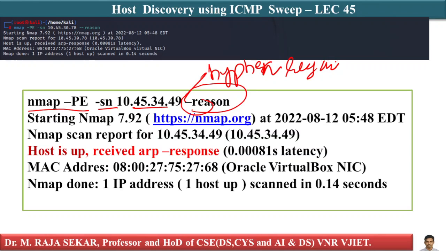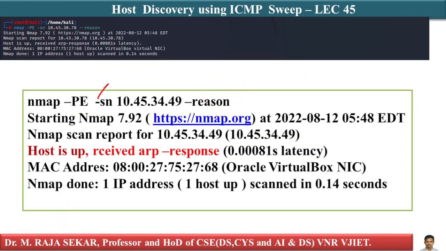So let's write the reason option along with the previous nmap command: nmap -PE -sn and the IP address. For reason I have to write two hyphens. Let me repeat it, otherwise this is a single hyphen, and this one has two hyphens.